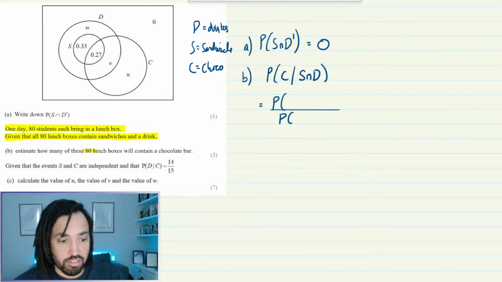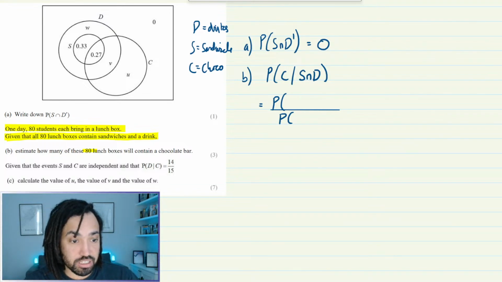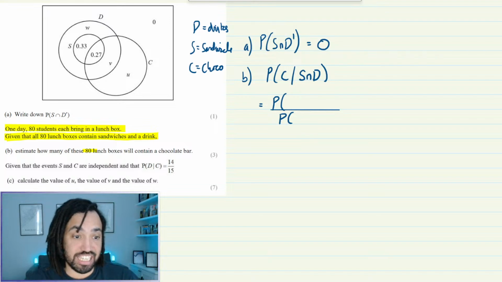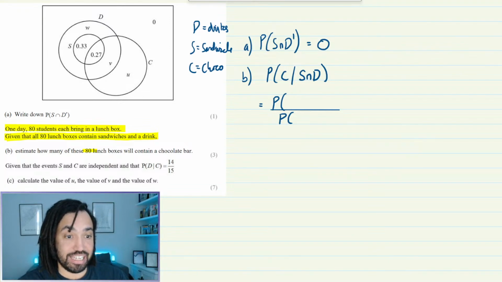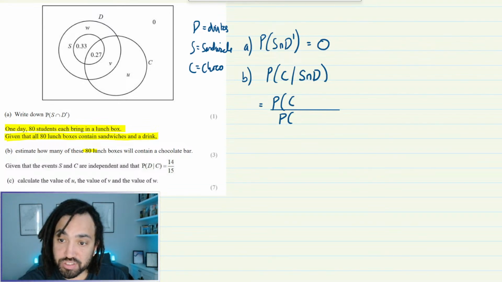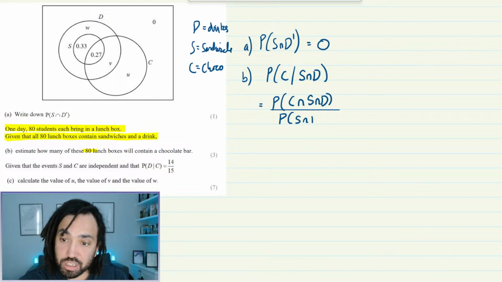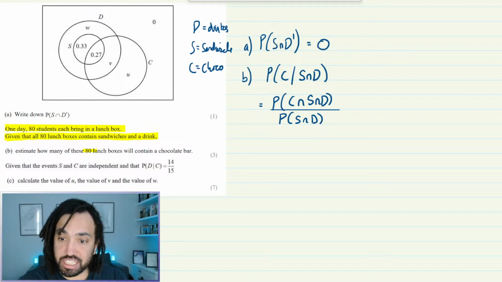AV3RM4, very catchy name there, was there first. It's C intersection S and D over the probability of S and D. Love that. So in fact, on top is the probability of C intersection with S intersection D. And that's all over what's given, which is S intersection D.